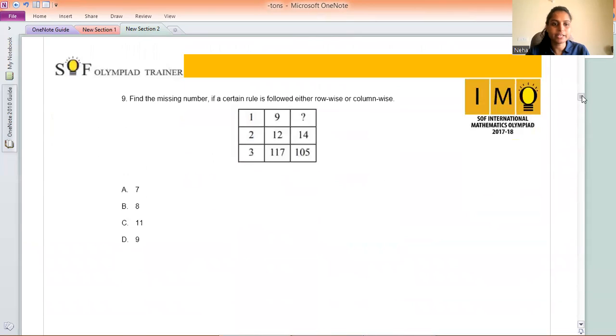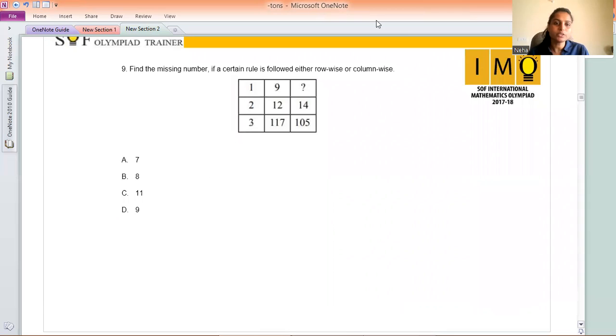Okay, the next one, question number 9. So in question number 9, find the missing number if a certain rule is followed either row wise or column wise. So in this figure, as I can see, if I multiply these two numbers, 2 into 1, then add the previous number 1, then I will get the third number. Similarly, 9 into 12 plus 9 is equals to 117.